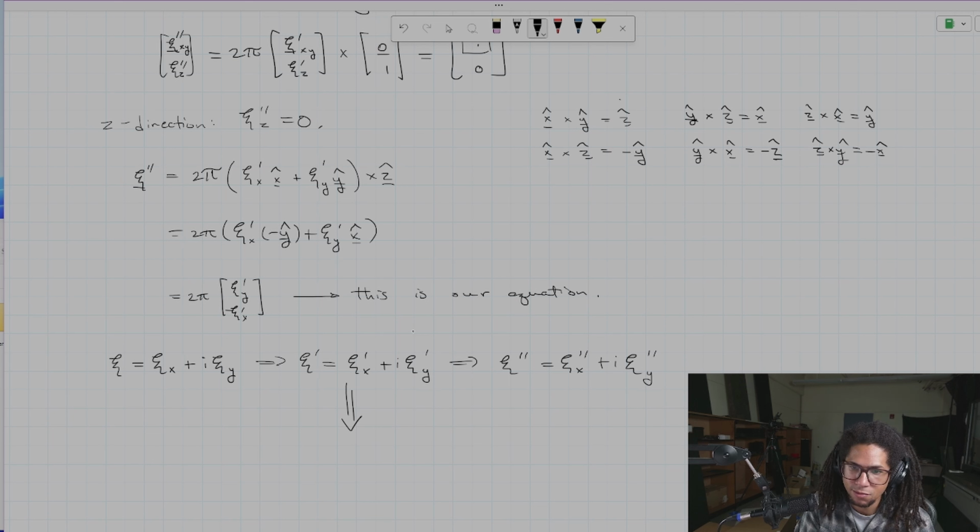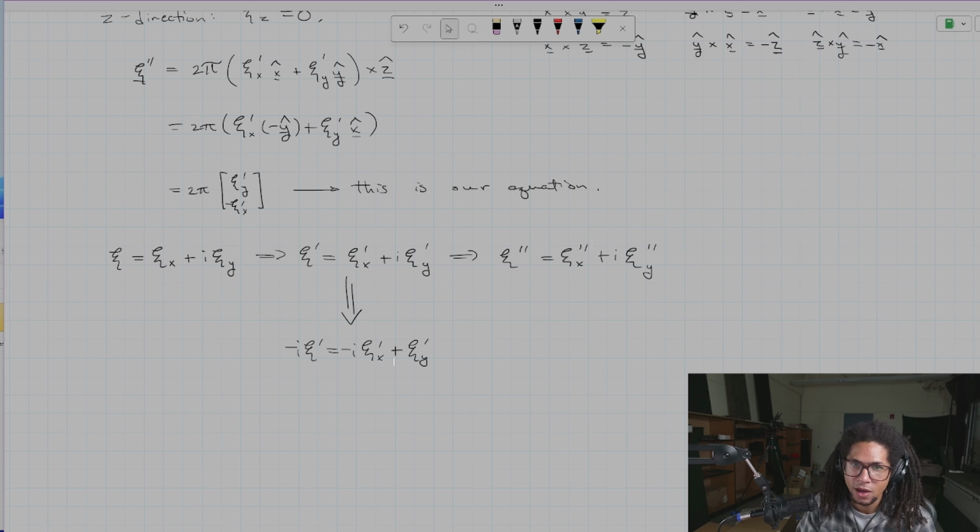In fact, let's start by multiplying by i. So i c prime is equal to i cx prime minus cy prime. That's what happens when I multiply i with another copy of i, I get a minus sign. If I multiply everything by a minus sign at this point, I get minus, minus, and plus here. Great.